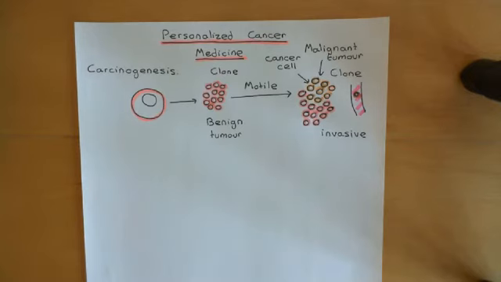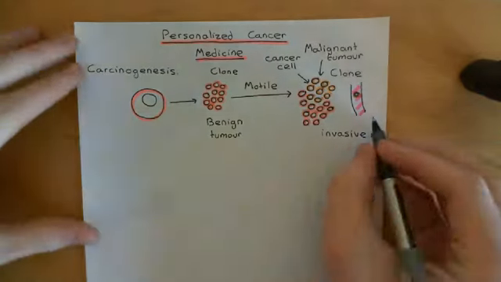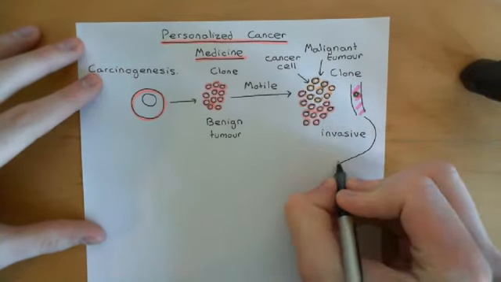Then what ends up happening is they can go all around the body, and eventually, with a bit of luck for the cancer cell, not for the person, they can end up leaving the blood vessels and going into some new area. There they'll start overdividing, and they'll set up secondary tumours. Let me draw this.